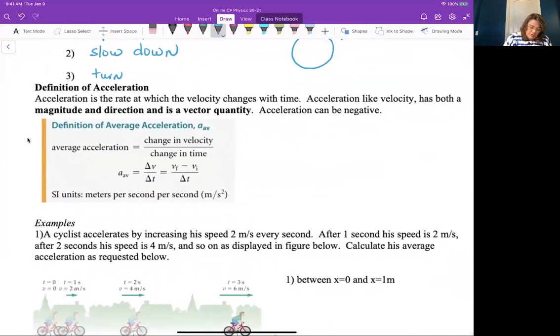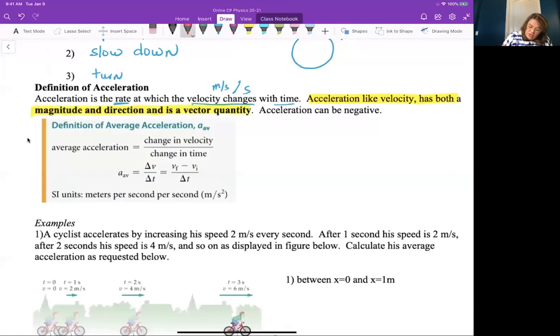Definition of acceleration, so let's define it. Acceleration is the rate, so some magnitude over time, at which velocity changes with time. So what is velocity? Meters per second. We're going to quickly see what that unit is. Acceleration, like velocity, and this is super important, has both a magnitude and a direction.